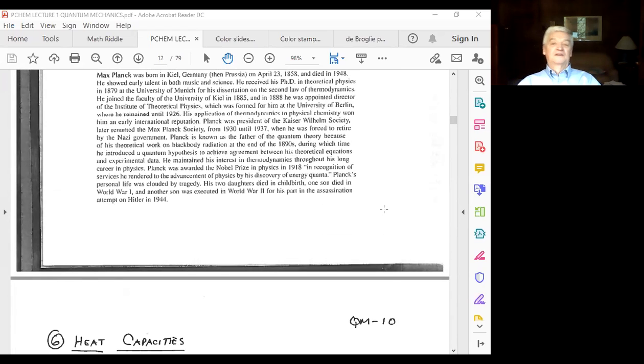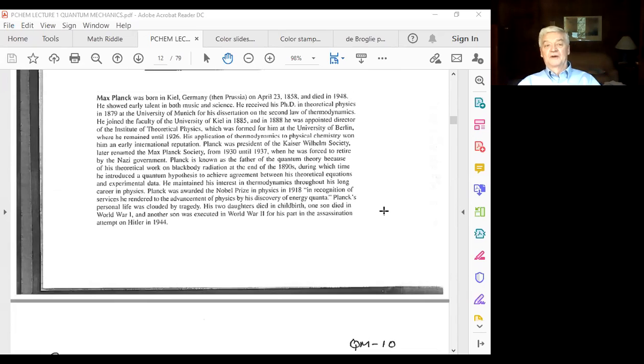We have just one minute at a time, so let me tell you a little bit more about Max Planck. Again, you may or may not have this in your notes, but his Nobel Prize was in 1918 in recognition of this discovery of quanta. But like quite a few other scientists, I'll tell you about Ludwig Boltzmann later in the course, Planck's personal life was clouded by tragedy.